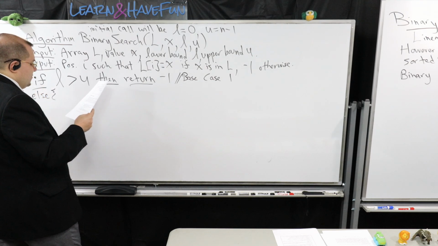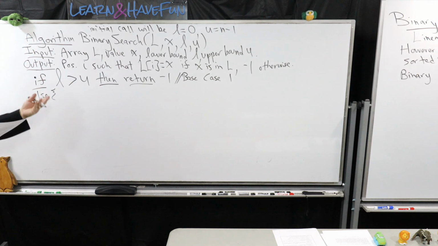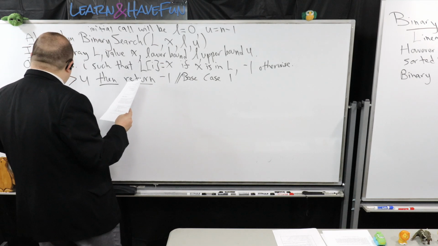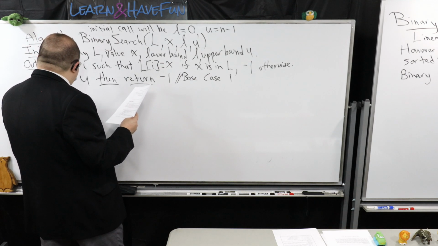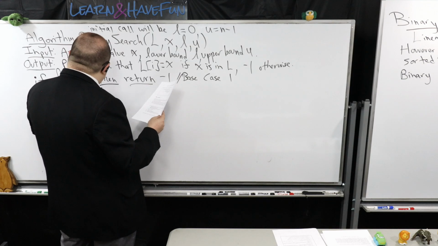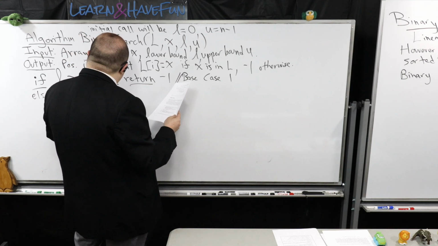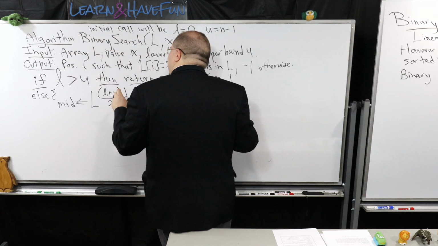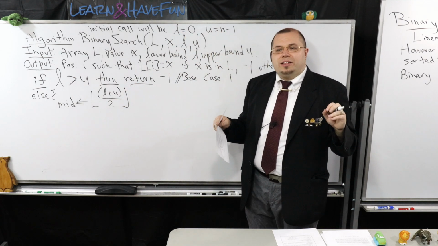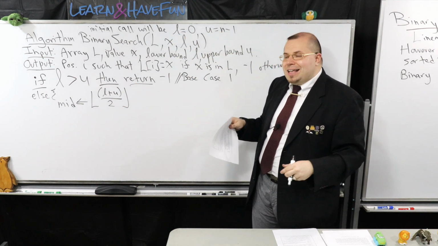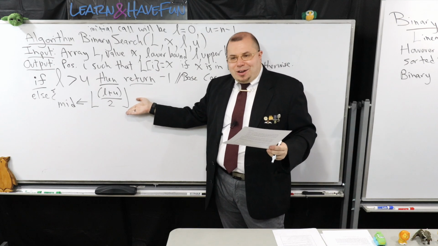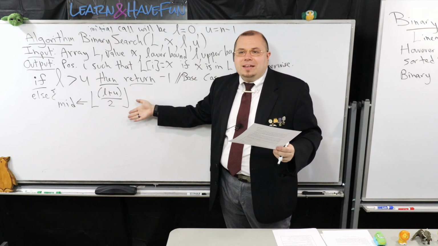Otherwise, we know that it hasn't crossed. We have at least one element yet to consider. So first I perform my guess, just like you would usually. I'm going to compute L plus U divided by 2, and make sure it gets rounded down. If you're using type int, it always rounds down.